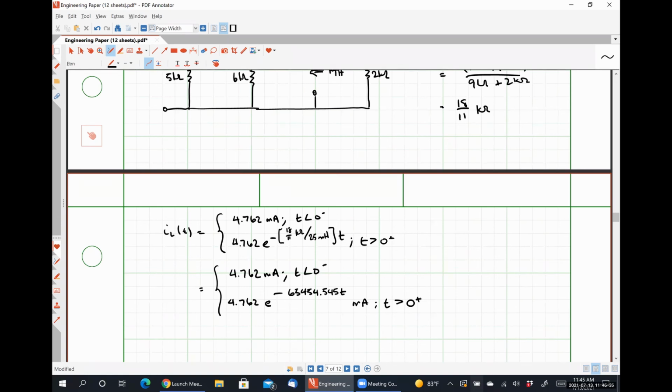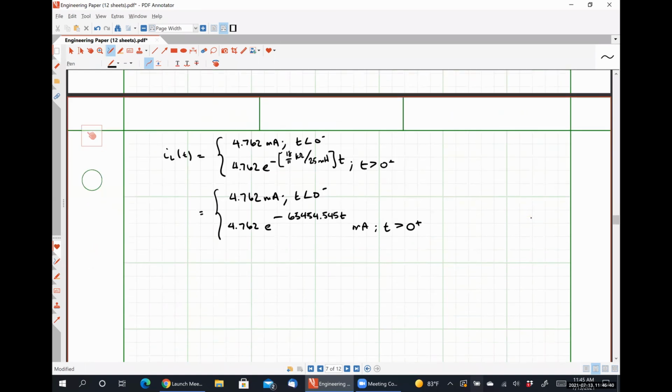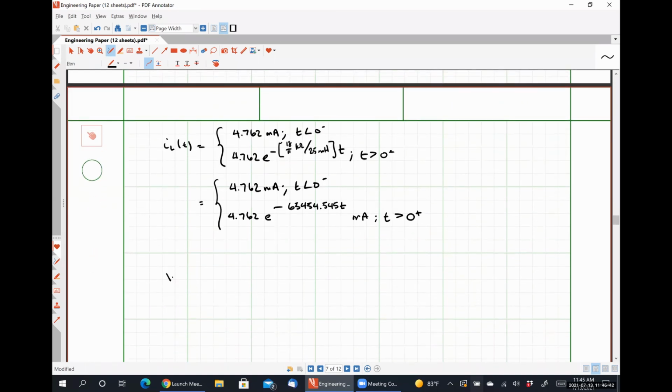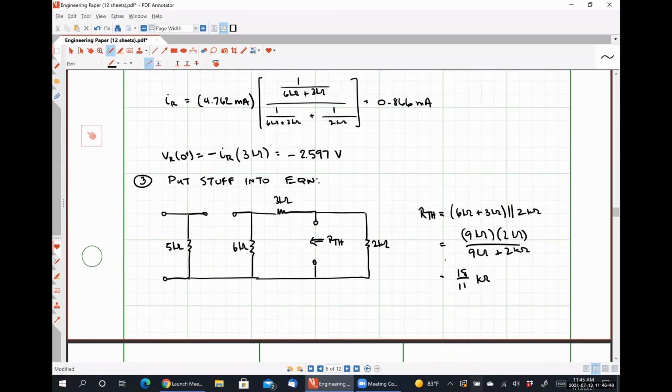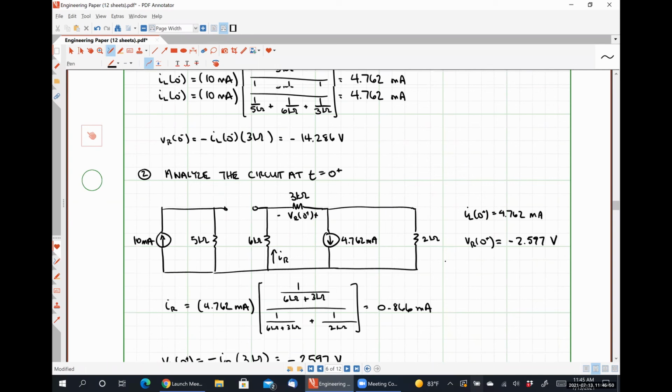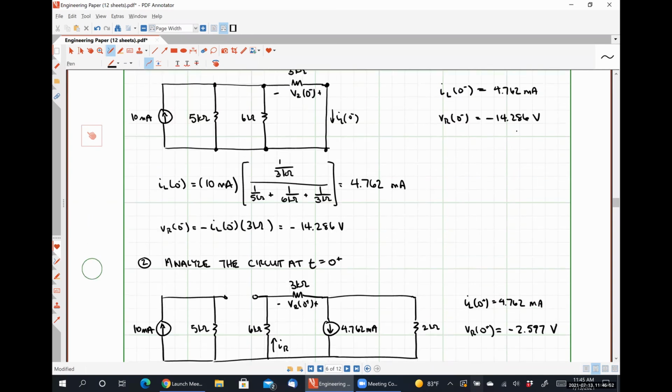So that current decays extraordinarily quickly. For our voltage, VR of t, the voltage at t equals 0 minus was negative 14.286.